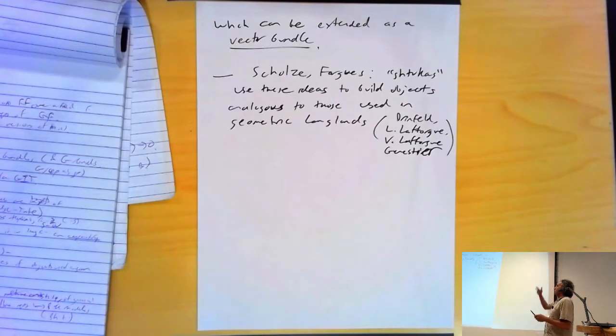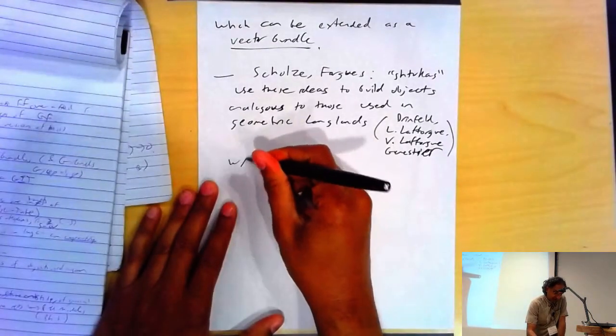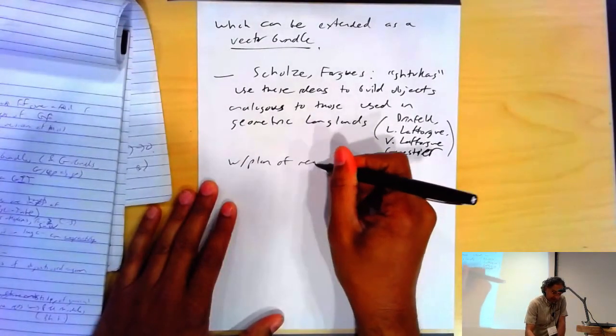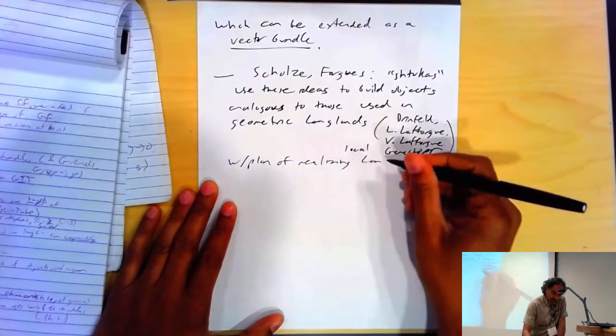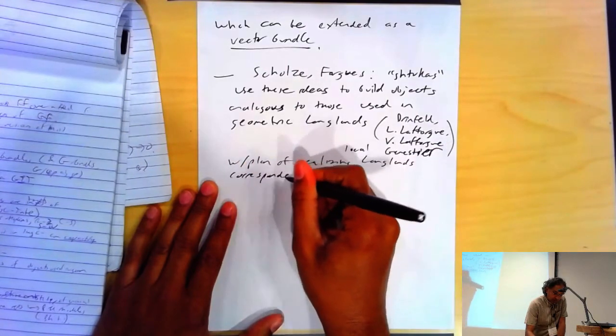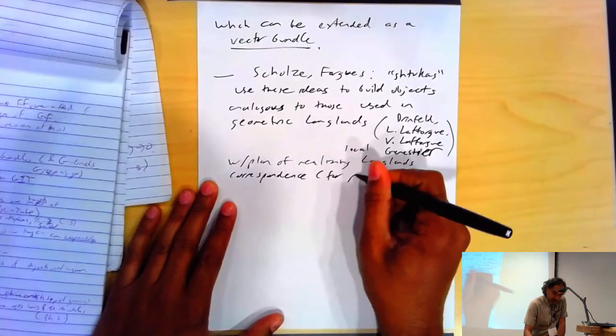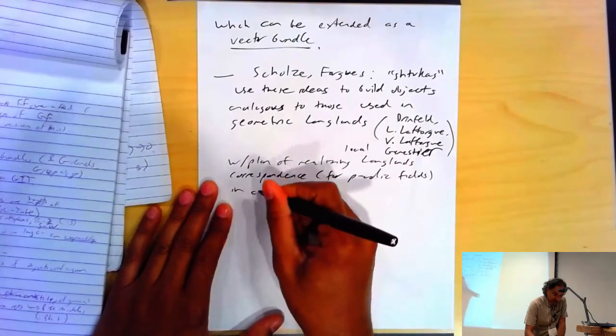The idea is we want to introduce the analogous objects with the plan of realizing, in this case, the local mixed characteristic Langlands correspondence, say for p-adic fields, in the cohomology of the moduli spaces of these things.